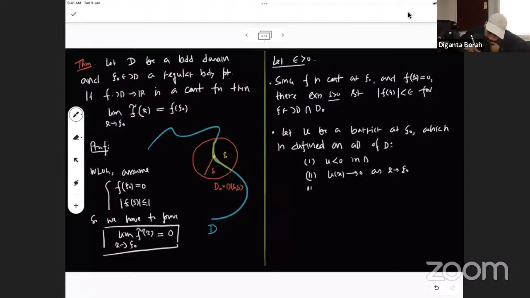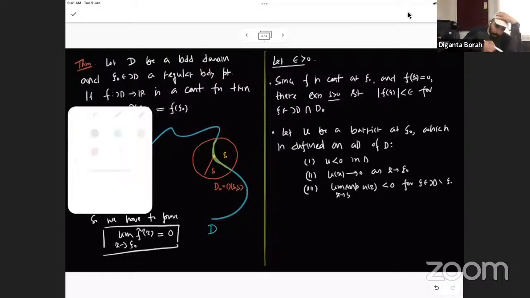And the limit as z goes to zeta of u of z is always negative for zeta in delta D intersection, minus zeta naught, where it is 0, but from this it is strictly negative. These are the properties of the barrier u.